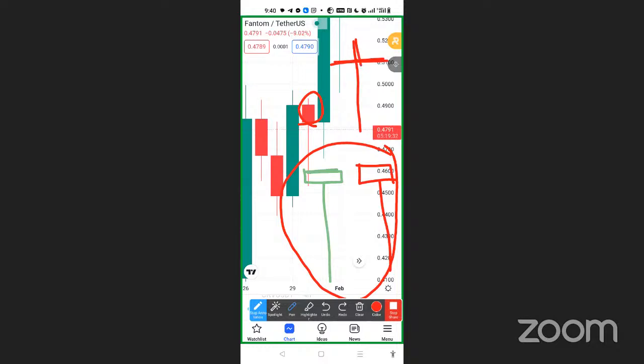It means that, ladies and gentlemen, if I change the color, this was a red candle and buyers bought, and it ended here exactly. Let me remove that.